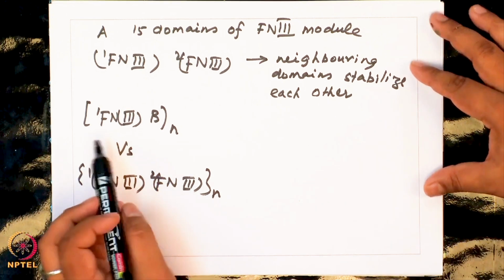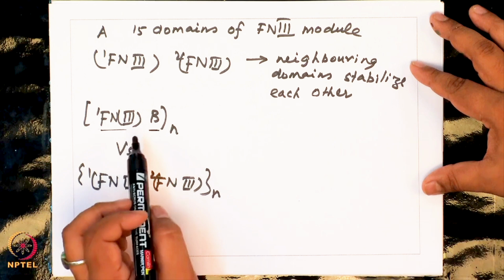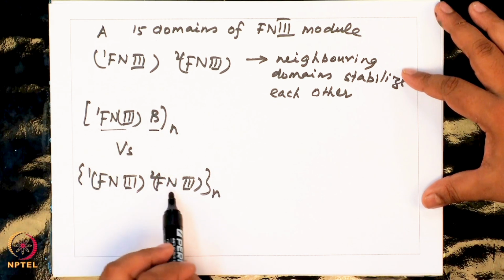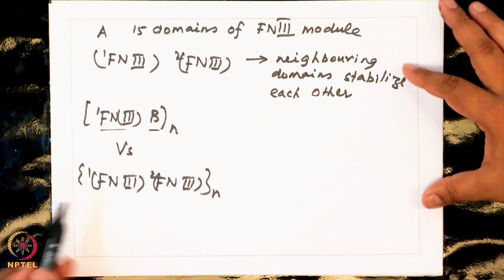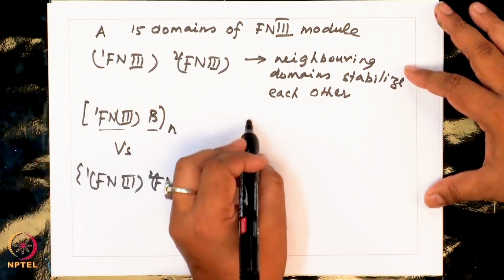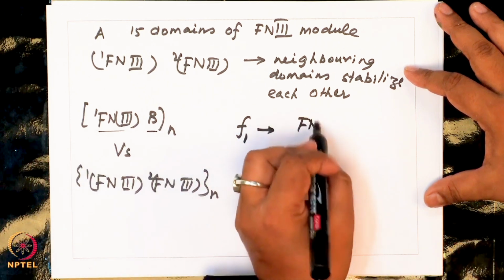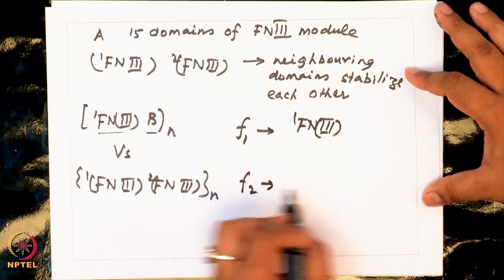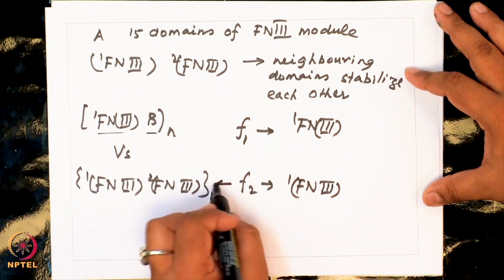So, you had one protein construct where this domain was coupled with this B, whose unfolding signature you know, versus this case in which 1 and 2 are next to each other, and this domain is repeated n times. So, what you will observe is the force unfolding signature. This F1 let us say corresponds to Fn3 domain here, and this F2 corresponds to Fn3 domain from here, from this construct.